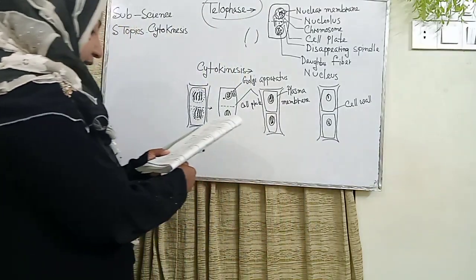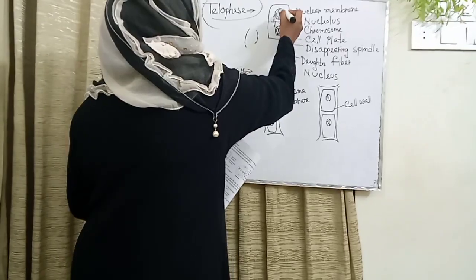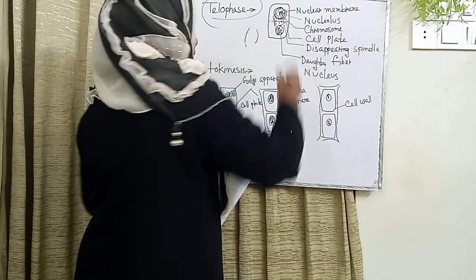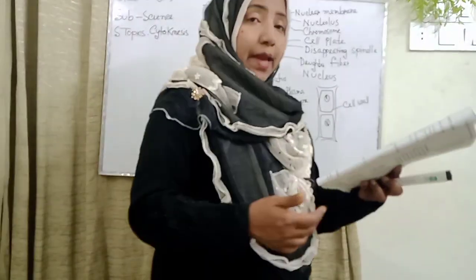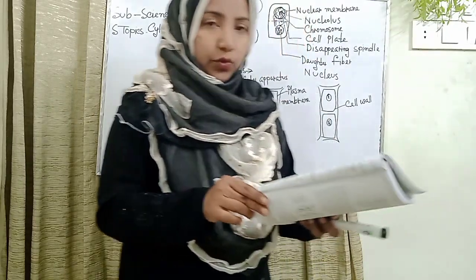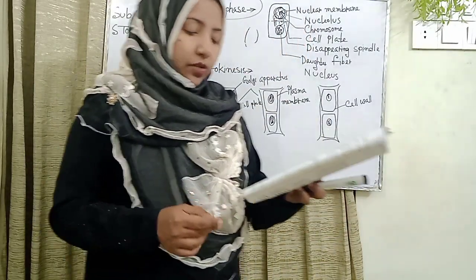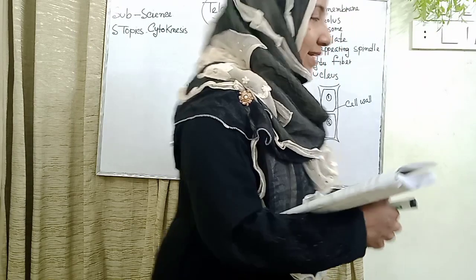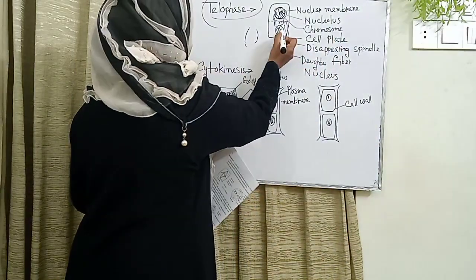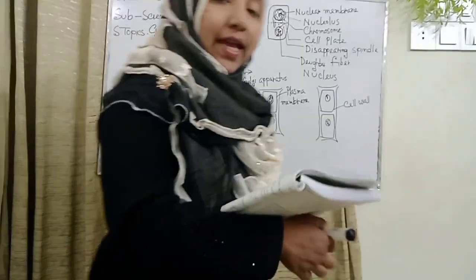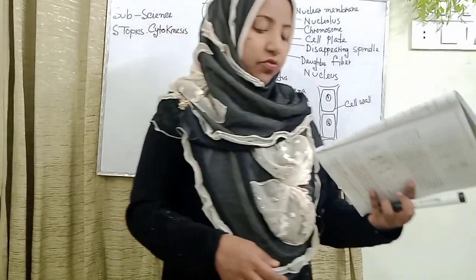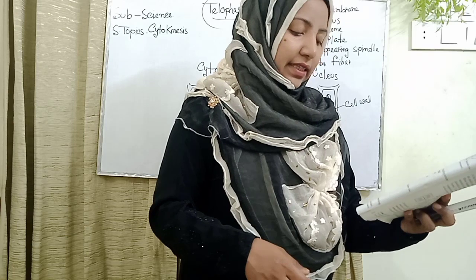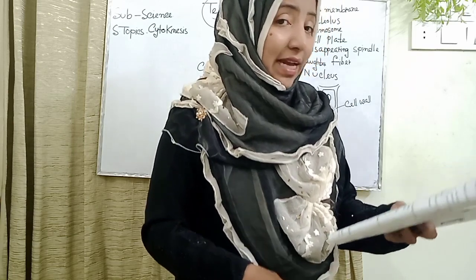Here's the nucleolus, the pin-shaped structure, which reappears. In this way, two daughter nuclei are formed at two poles, and this signals the end of karyokinesis.